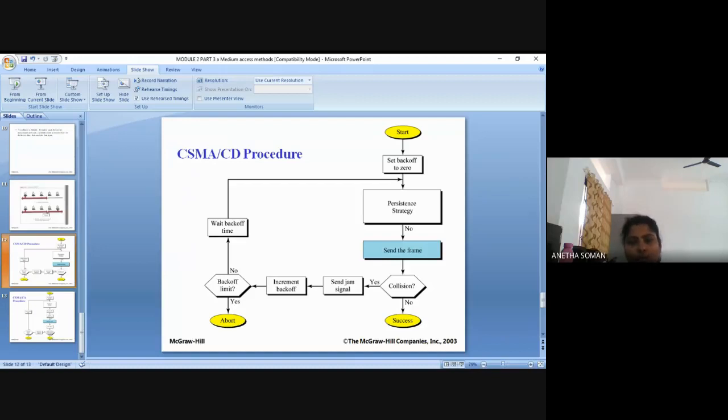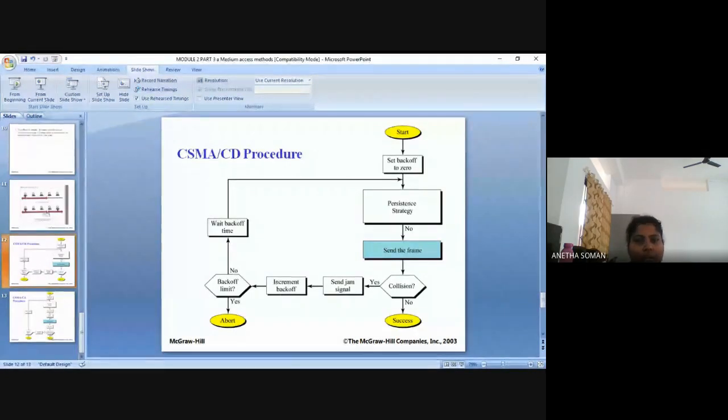The slightly advanced version of that is CSMA/CD. CSMA/CD describes an algorithm to handle the collision. CSMA does not specify this; the stations just send the frame and a collision happens, that's it. What happens when a collision happens is described in CSMA/CD.